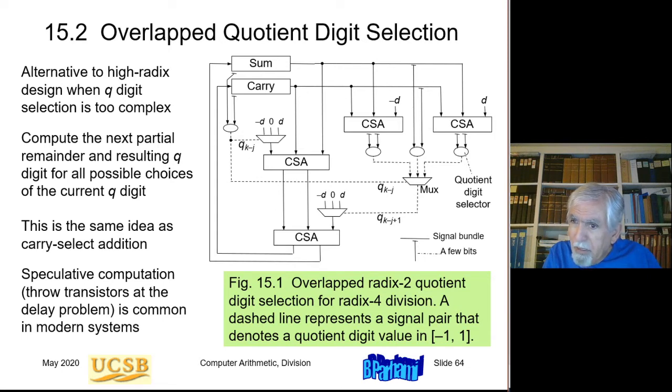Okay, so I pre-compute the partial remainder in all three cases. So I don't wait for this quotient to be decided and for this carry save addition to take place, but right from the existing carry save partial remainder, I add d to it, I subtract d, and then here I don't do anything.